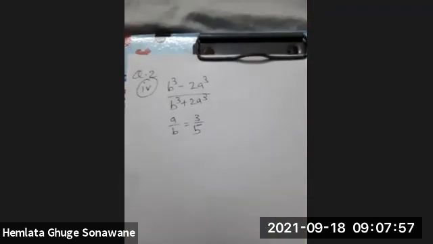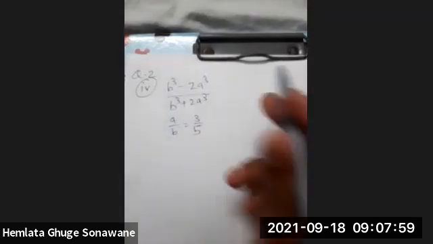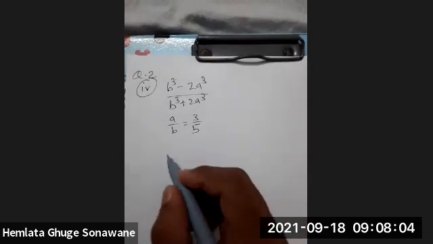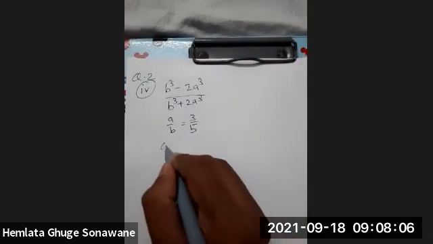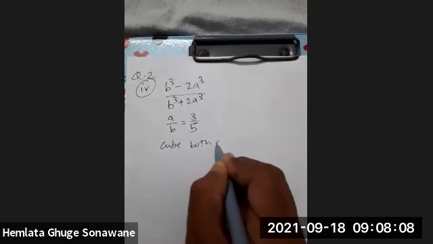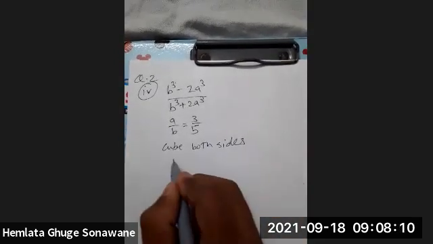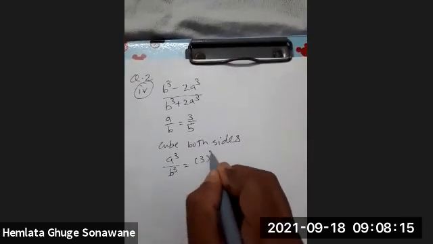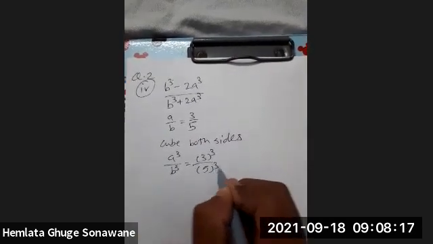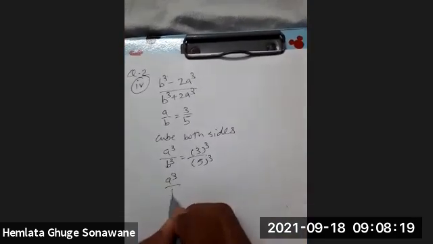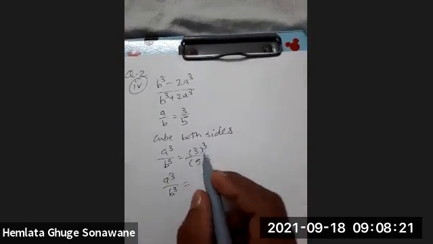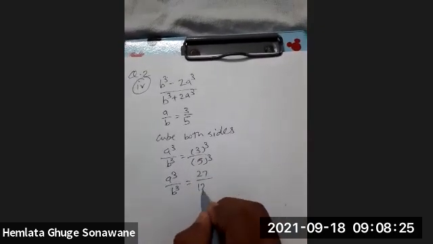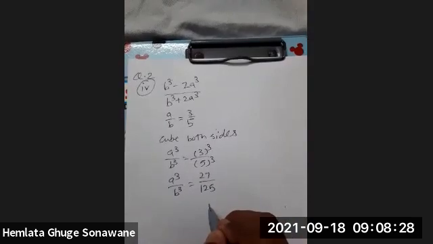Now in the example, cubes we have to find out, so we'll cube these terms. So a cube upon b cube is 3 cube upon 5 cube. A cube upon b cube, the cube of 3 is 27 and the cube of 5 is 125.